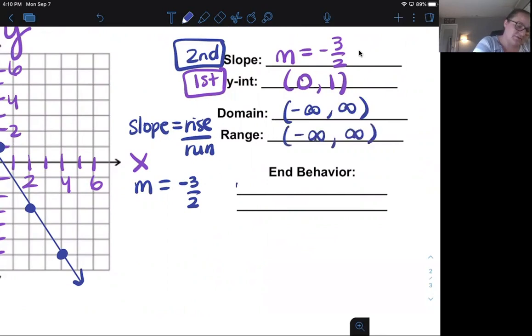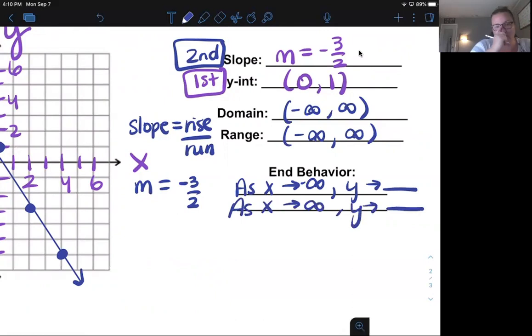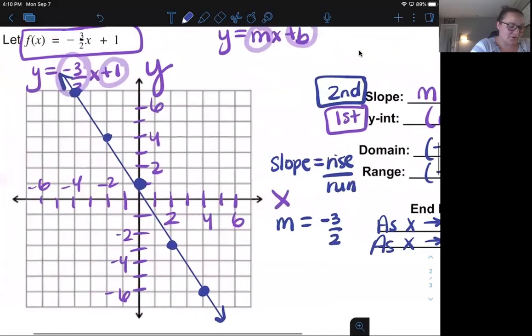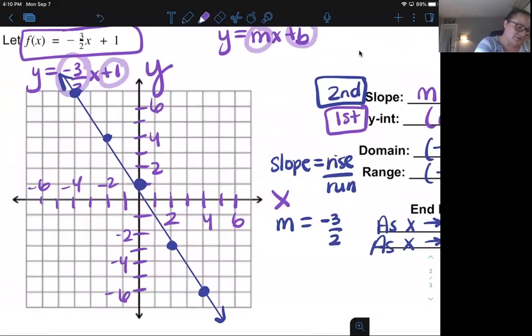What about our end behavior? As x approaches negative infinity, y approaches something. And as x approaches positive infinity, y approaches something. Well, to the far left here, as our x's decrease, our y's are increasing.